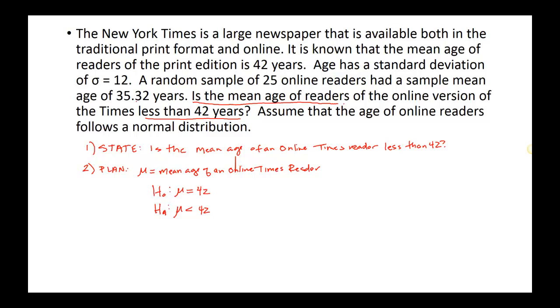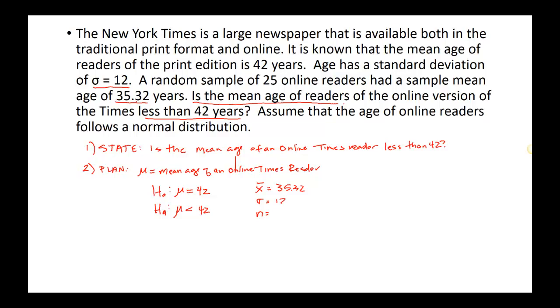Once I have my hypotheses, I'm going to gather all the important information from the sample. For this problem, I need to know what x bar, sigma, and n are in order to complete the problem. Reading the problem, I can see that my sample mean was 35.32, and sigma, it told us, was 12.